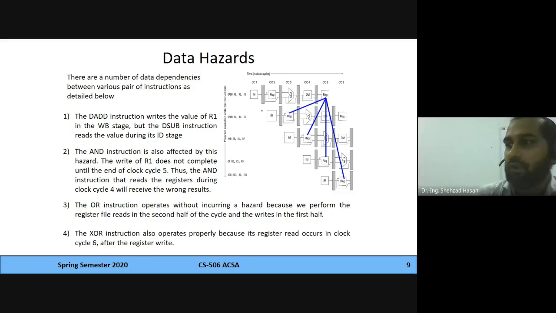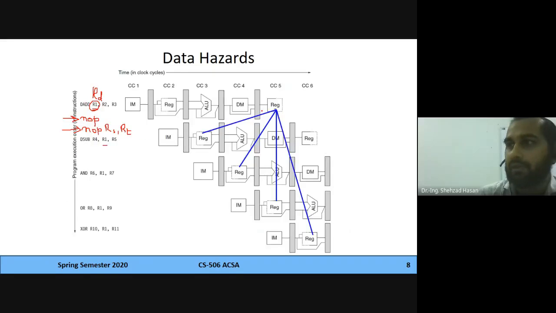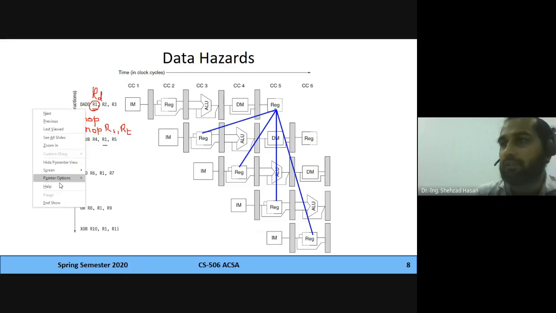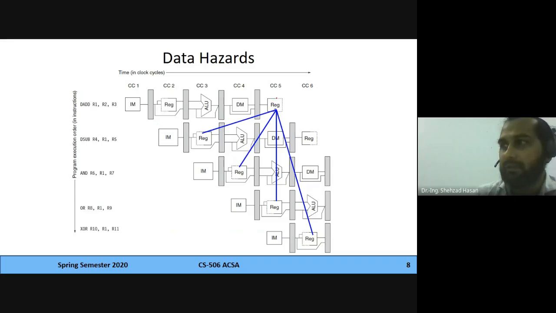Now, if you closely look at the sequence, I'm going to come back to that particular slide, because this has a bigger picture. So what is the problem in this case? The problem is we are writing to R1 very late, and we need it earlier. So can't we stretch that thing from both sides? Stretching means, do we really have this value only in the 5th cycle?